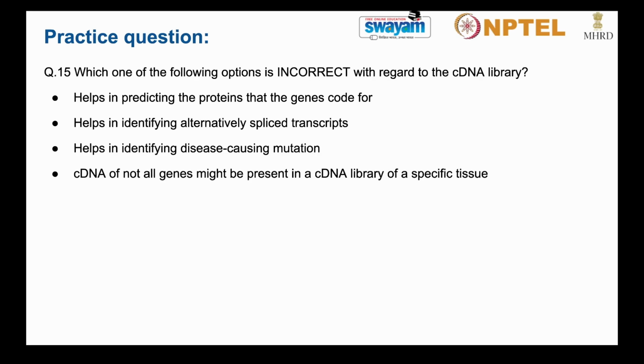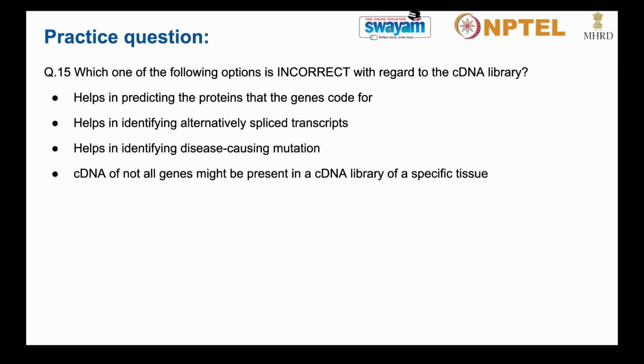Now let's move to another question, which says which one of the following options is incorrect with regard to the cDNA library. We have previously discussed genomic libraries and cDNA libraries, and how both of these libraries are different from one another. So now, keeping those points in mind, you have to see which one of these options is incorrect.